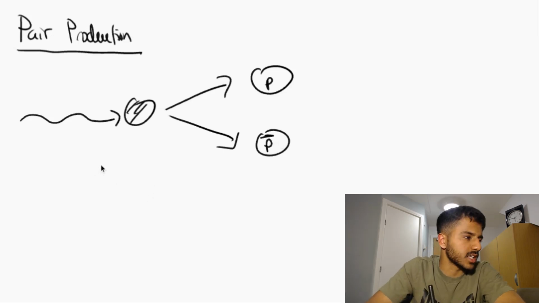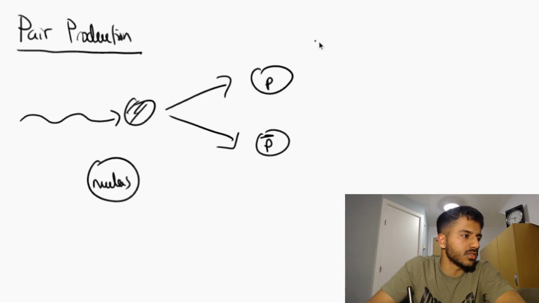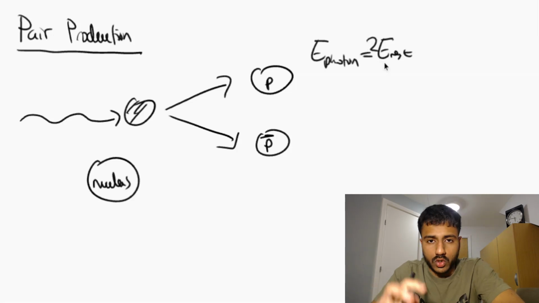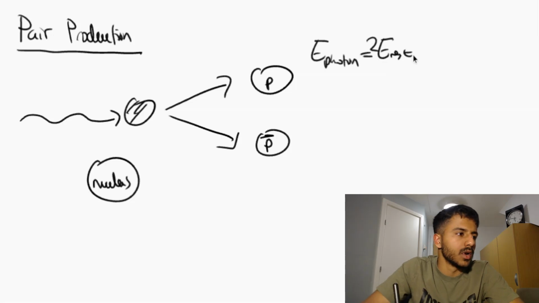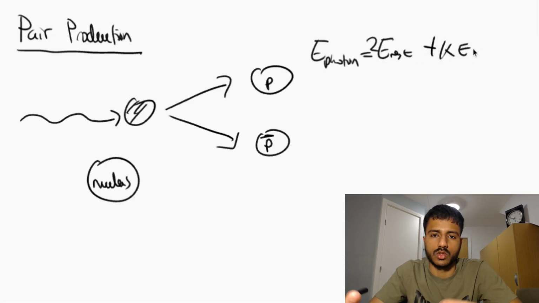And this typically has to happen near a nucleus in order to conserve momentum. But as you can see here, the energy of the photon is now converted into the rest energy of the proton times 2 because there is a proton and an antiproton, plus the total kinetic energy of both particles summed together after the collision.